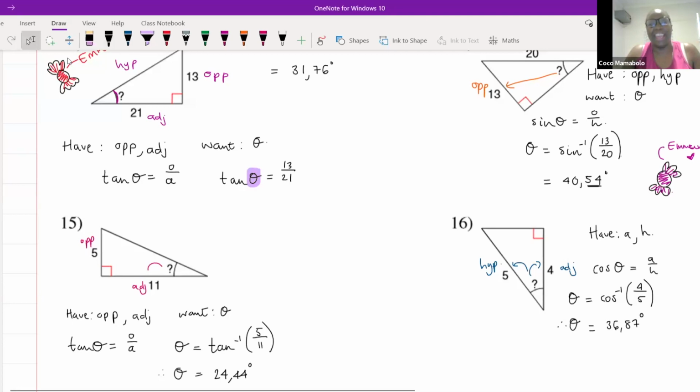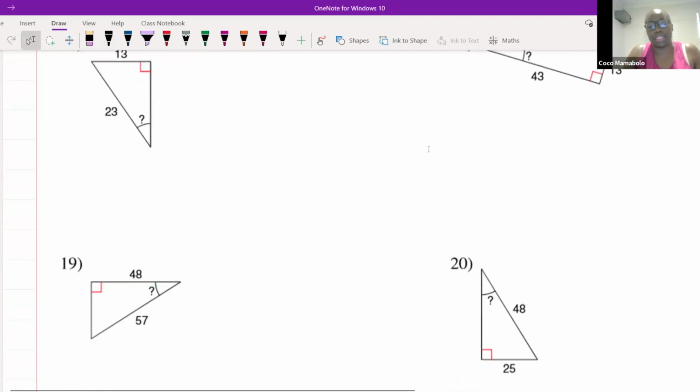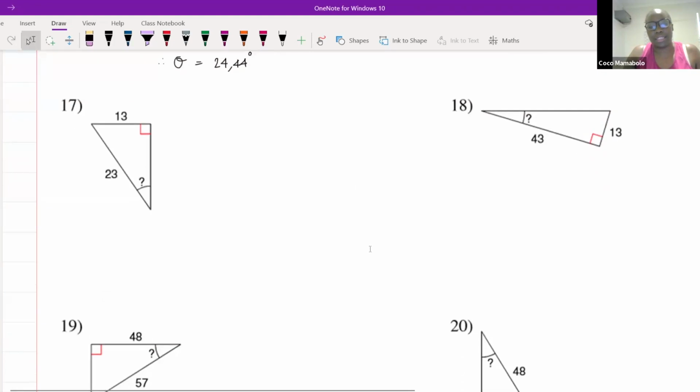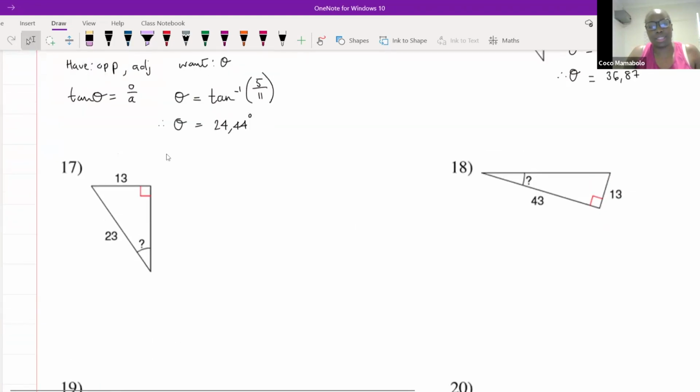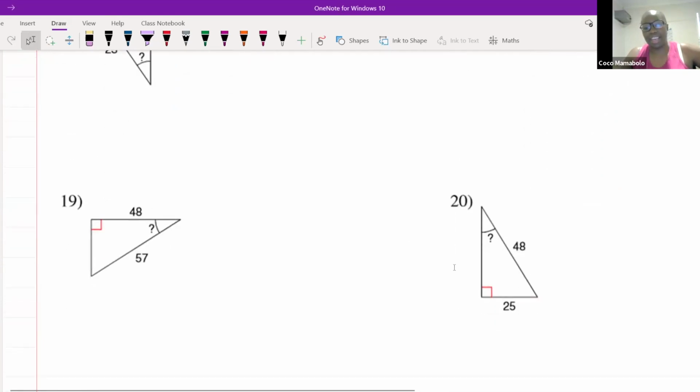I promise. Okay, if any of you want any more practice, I'm going to give you questions 17, 18, 19, and 20. You can take a screenshot quickly of 17 and 18, and then 19 and 20.